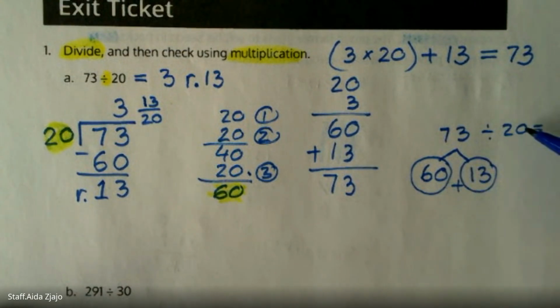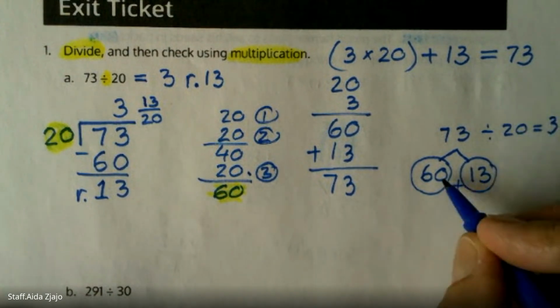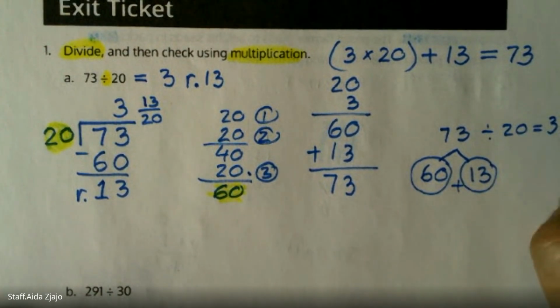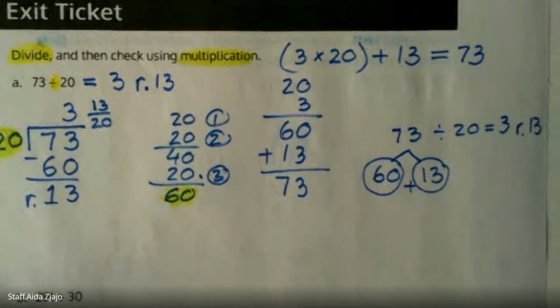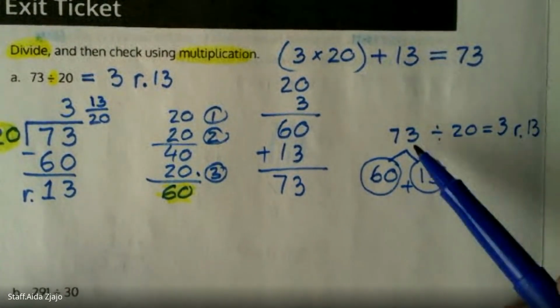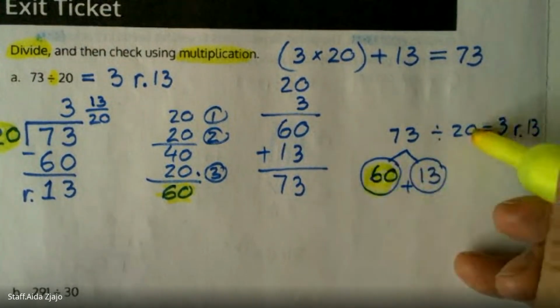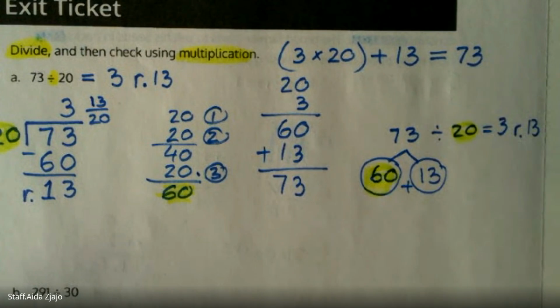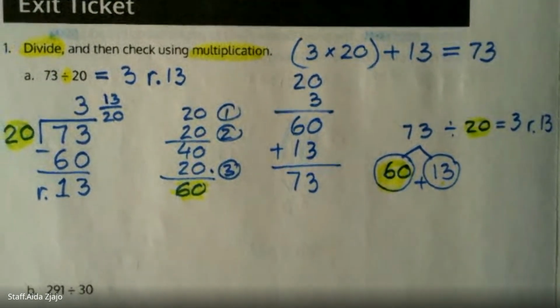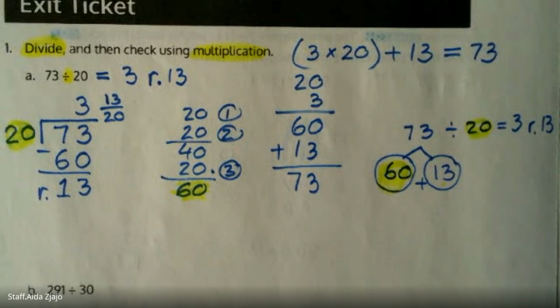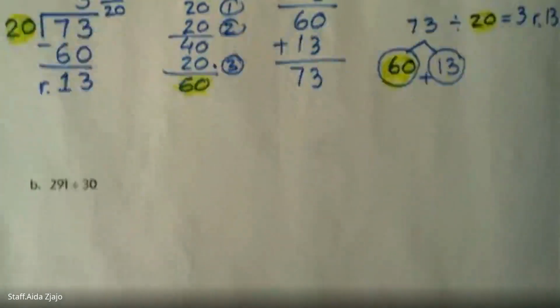So 60 divided by 20 is 3. 3 times 20 is 60. And then you will have a remainder of 13. This number is divisible, so the leftover is 13, and that's how you can also think to do this same problem. All right, let's move to the next one.